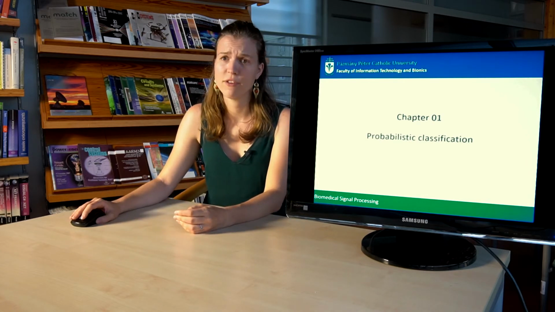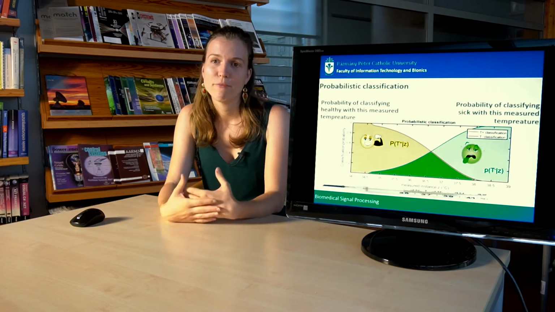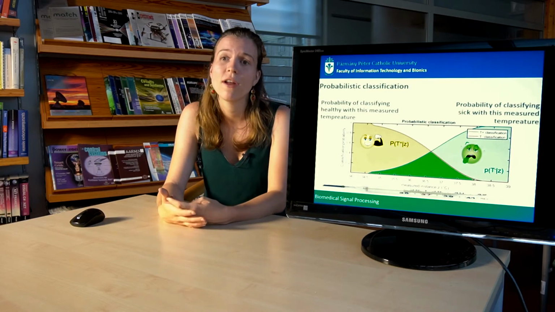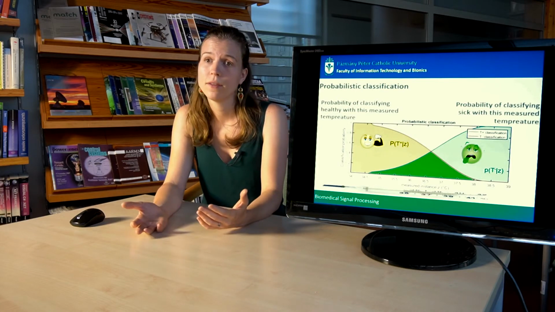Let's say we have a very simple parameter, the temperature of the patient. So we have measured his or her temperature and we would like to tell whether the person is sick or not.